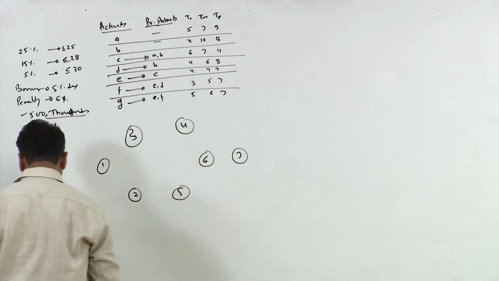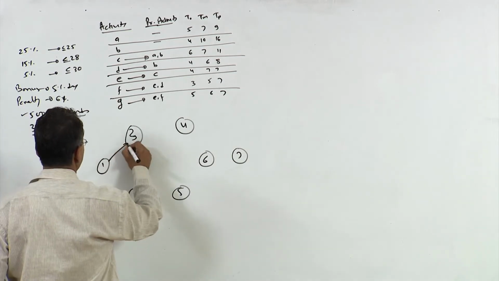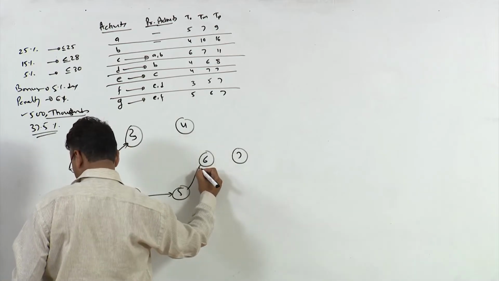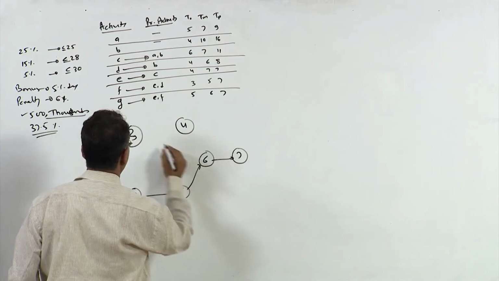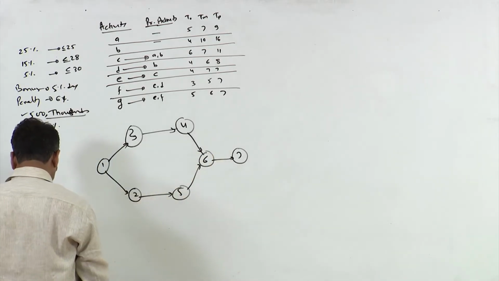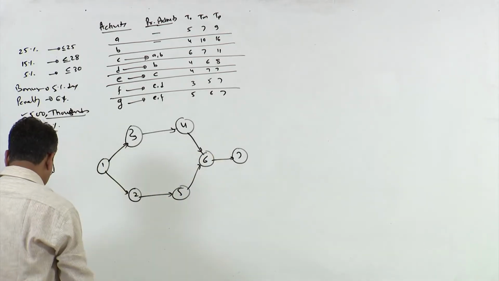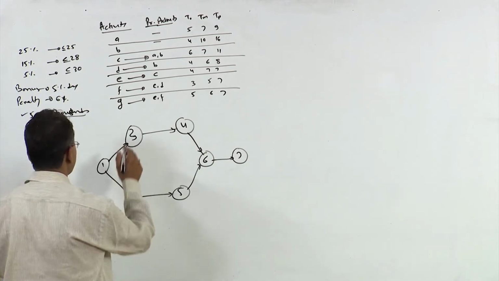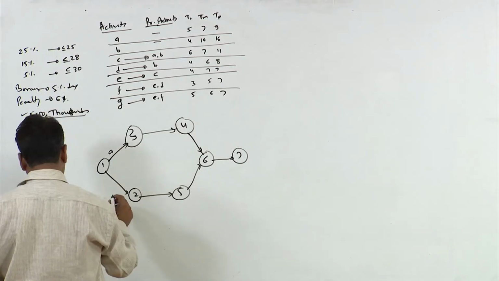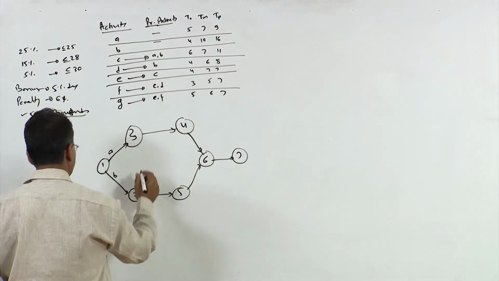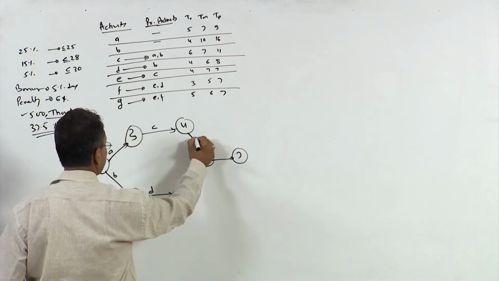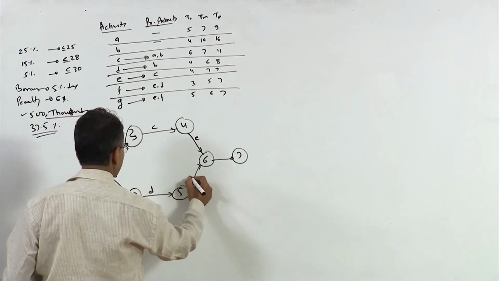So there are 7 nodes and these are different activities: activity A, activity B, activity C, activity D, activity E, activity F and G.